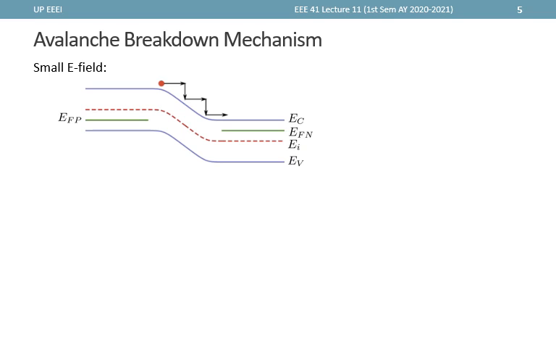Now before going through that, let's first look at how the carriers travel through our material under some small electric field, some small reverse bias, wherein the device is not yet in breakdown. We actually drew the carrier to be drifting from this point to this point through a smooth transition in energy.